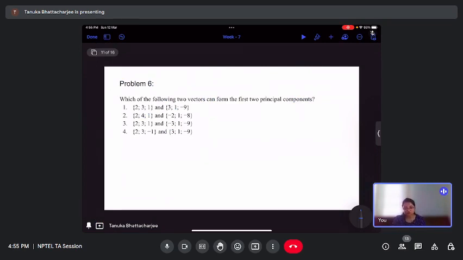So this is also on PCA. Which of the following two vectors can form the first two principal components? So 4 sets of vectors are given. You have to say which two among these can be the first two principal components of some data set.